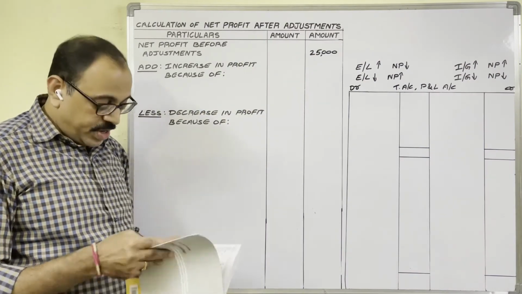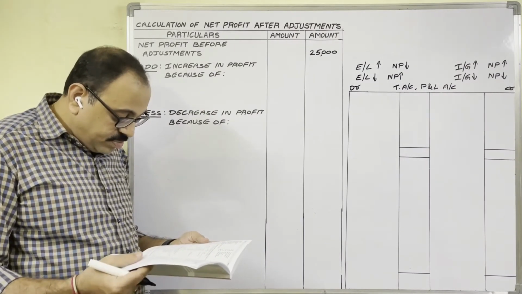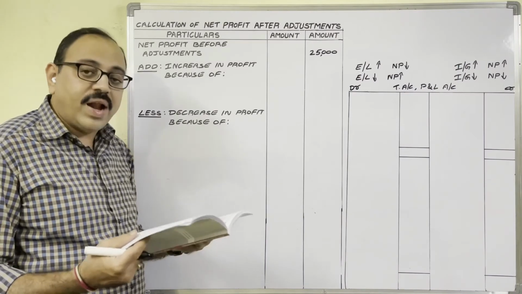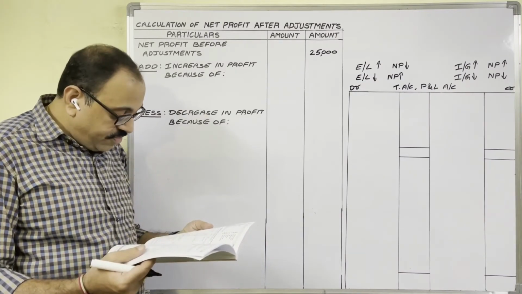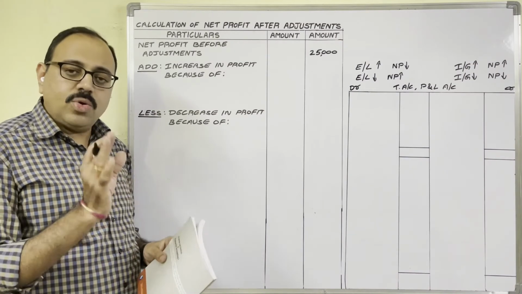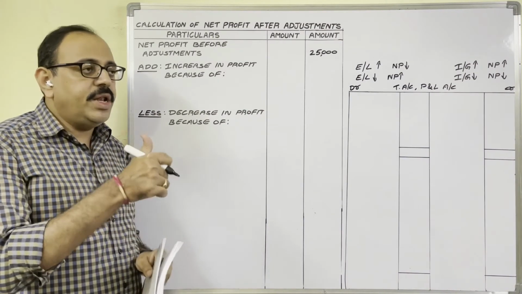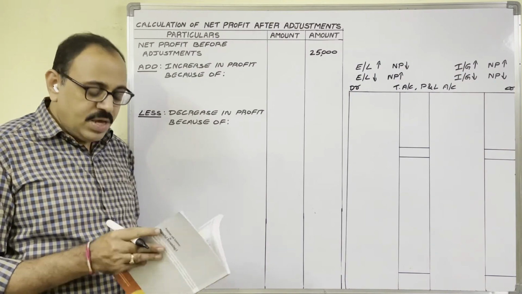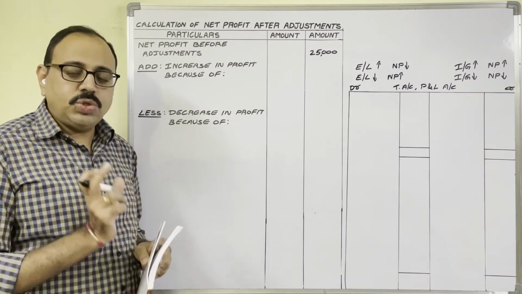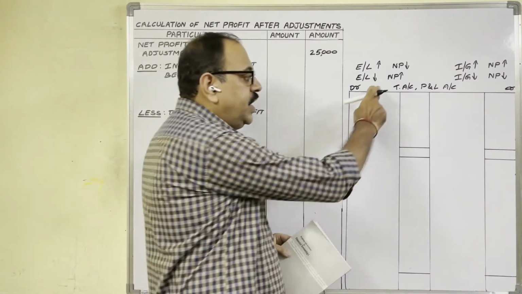Let us see the first point. The stock on 31st March 2016 of raw materials was of the value of 1 lakh rupees and that of finished goods 1,50,000 rupees. These two are closing stocks. Raw material closing stock is 1 lakh rupees, finished goods closing stock is 1,50,000 rupees. These two closing stocks we show on the credit side of trading account.